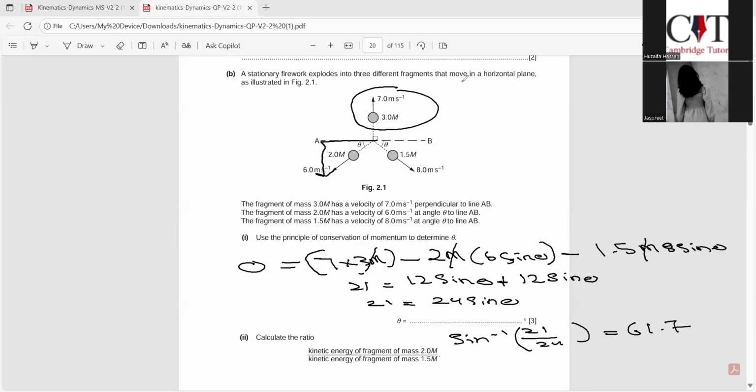Sir, is the answer 1? No, not 1. See, they are asking us for the kinetic energy of mass m first of all. So for mass m, 1 over 2 into 2m into v squared. The velocity is 6, so 6 squared, right? So, sir, that means you just take the velocity that's at an angle.